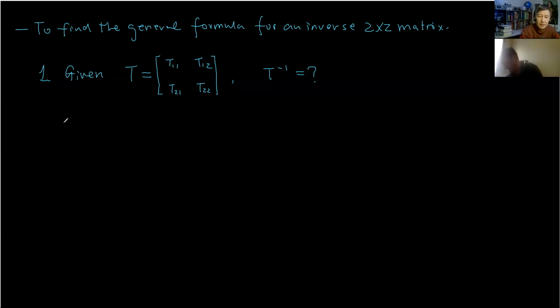So you put by definition: T inverse multiplied by T will equal the unit matrix, 1, 0, 0, 1.